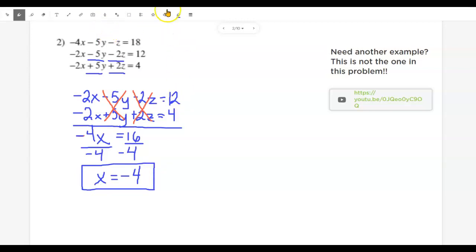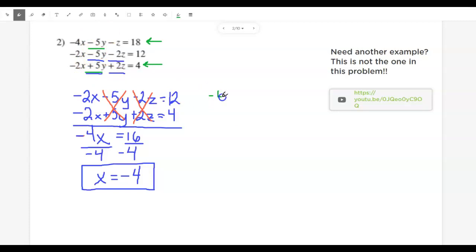So now I'm going to pick a different pair of equations. I want to pick a pair of equations where I have something that can cancel if possible. I'm looking at this first one and the last one, because I can see that negative 5y and 5y are going to cancel each other out.